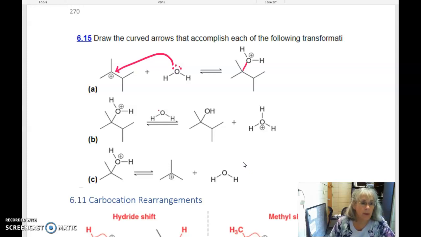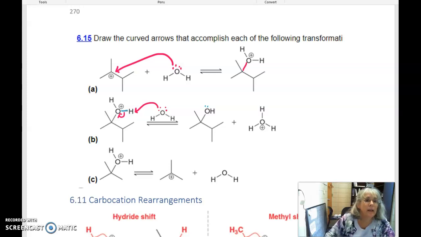We have lone pairs here. They're going to attack that proton. These electrons are going to end up on the oxygen. So these electrons are blue. They're going to end up right here.